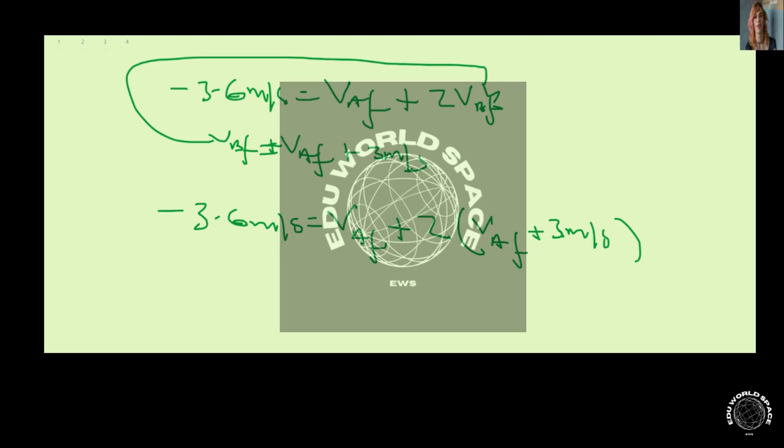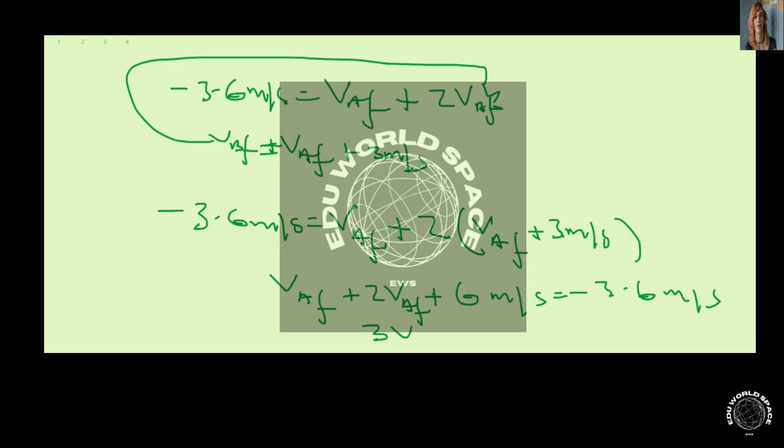And then we could do some substitutions here. We solve for the final velocity of A, so we have negative final velocity of A plus 2 final velocity of A plus 6 meters per second equals negative 3.6 meters per second.